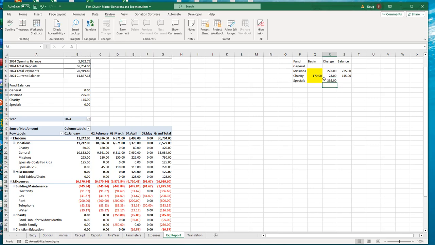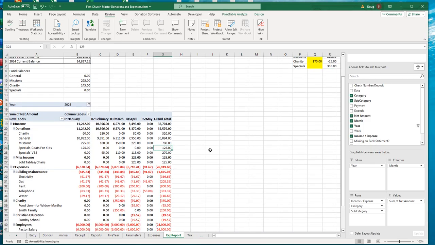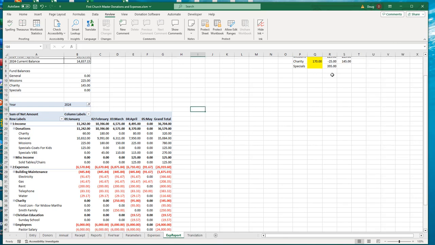And then if we do that, it will calculate $395. And this is on the income side. That's all we're looking at right now. So let's just validate that that is working correctly. So it's our $125 in the coats, the $270 in the VBS, totaling $395. So we just validated that it's working correctly.